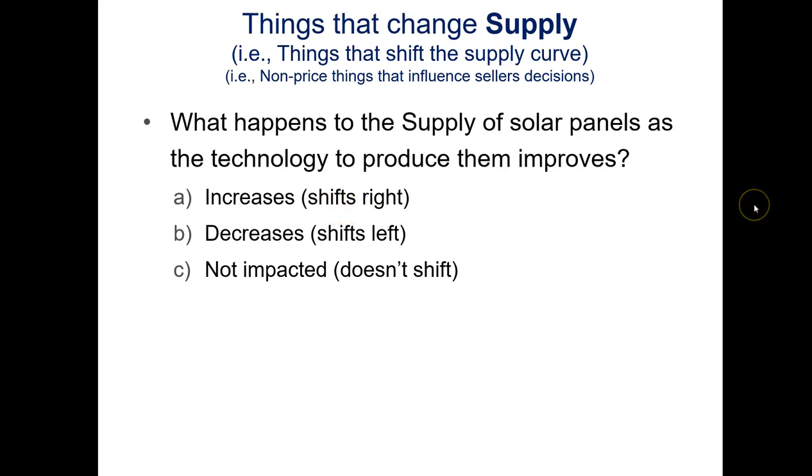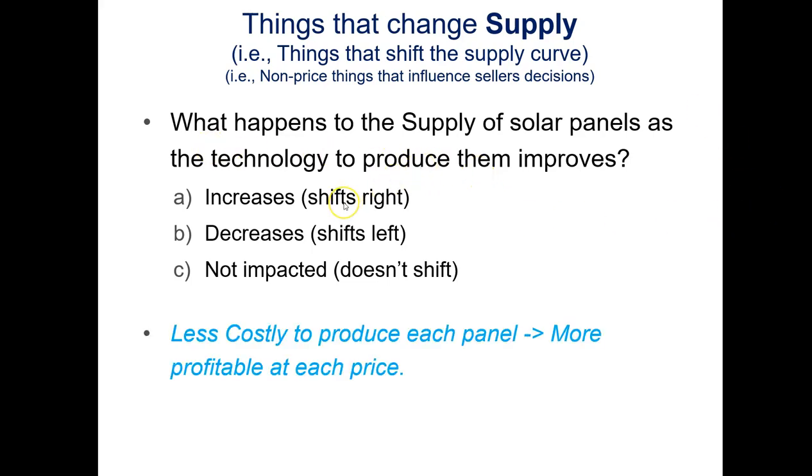And for many products, solar panels being a great example, the supply has been marching to the right, has been increasing for decades as the technology to produce them and the efficiency at which they operate has continued to increase, which means at any given price for selling those solar panels, there's more profit to be made because it's less costly to produce. So shift to the right. So any kind of increase in technology, pretty much always shifting to the right. Less costly to produce the panels, more profitable at each selling price.